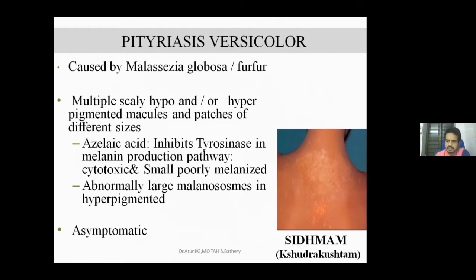Usually it will be asymptomatic, and this can be compared with our Kshudra Sidhma. Sidhma is mentioned both as Mahakushta, and we usually compare Mahakushta Sidhma with psoriasis. At the same time, Sidhma is mentioned by Acharya as Kshudra Kushta also. That can be considered as pityriasis versicolor.